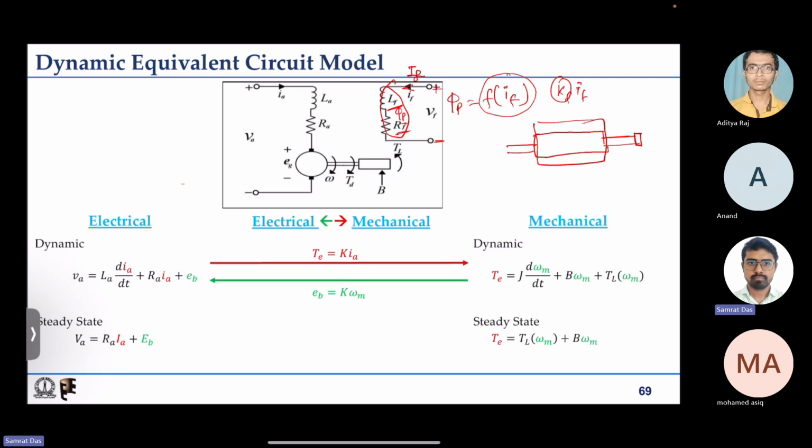So this tuning is needed because of these uncertainties in the estimated parameters. We will look at a robust controller design that will be able to take care of all these parameter variations and still deliver the desired results.